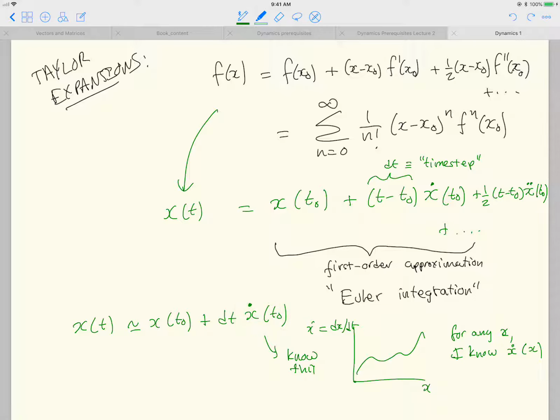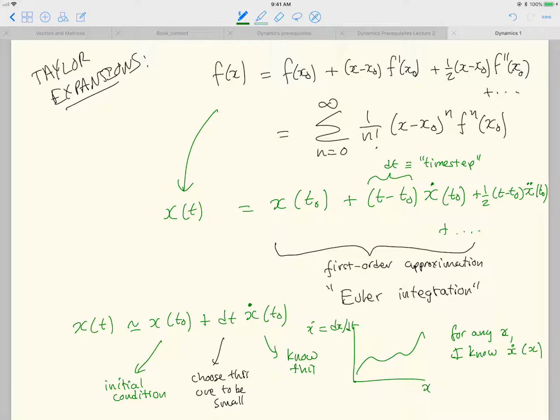dt, we're going to choose. And we're going to make it small. What does small mean? That's going to be one of the important questions. And this other one, this is our initial condition.